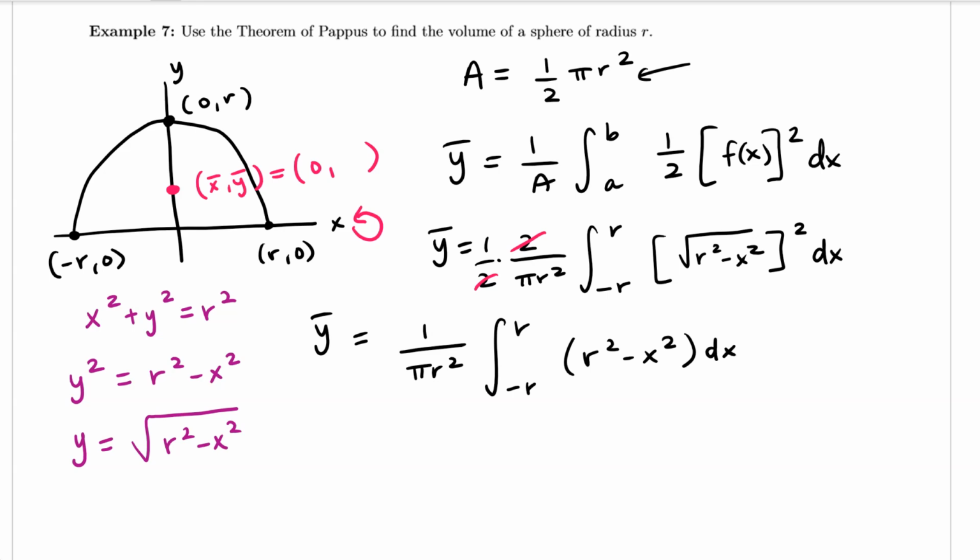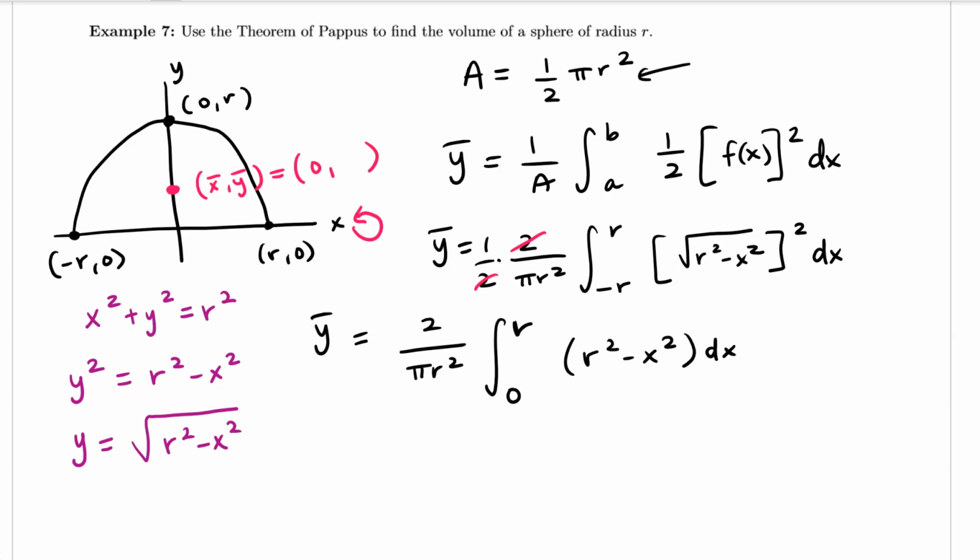And r squared minus x squared in terms of x is symmetric about the y-axis, so we can use symmetry principles that we learned earlier on in this class, and so I can make my lower limit of integration 0. I would just need to multiply my output by 2, and that's going to make things slightly easier for us with a lower limit of integration being 0.